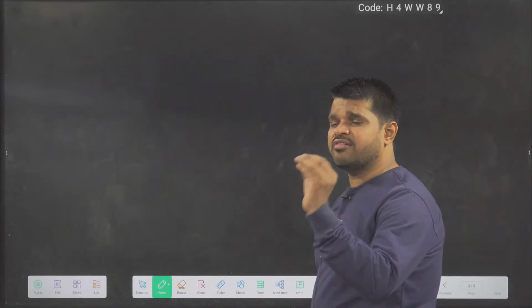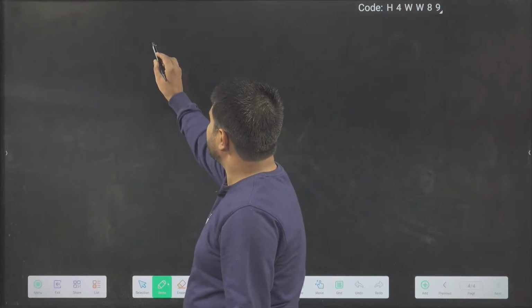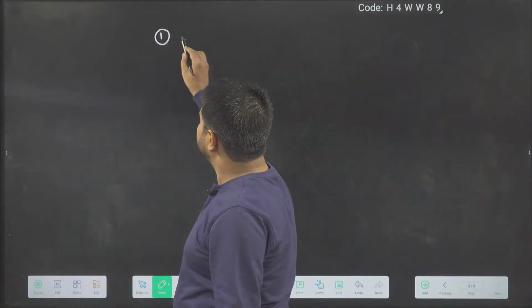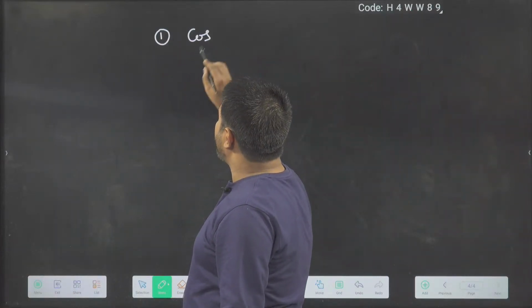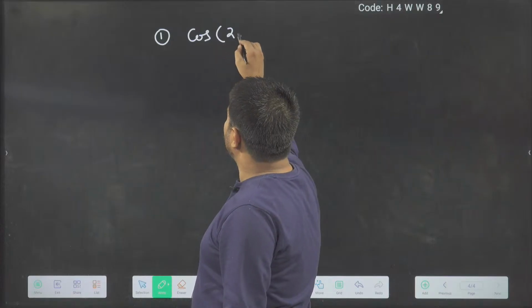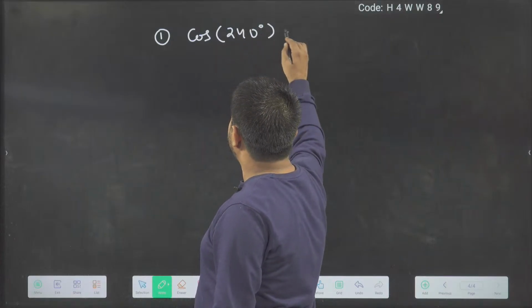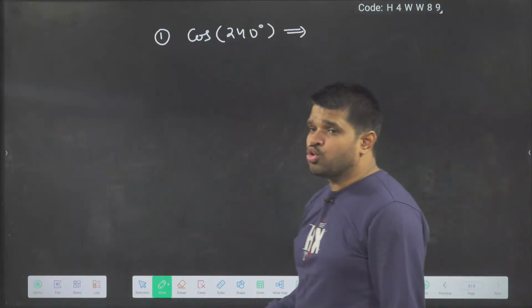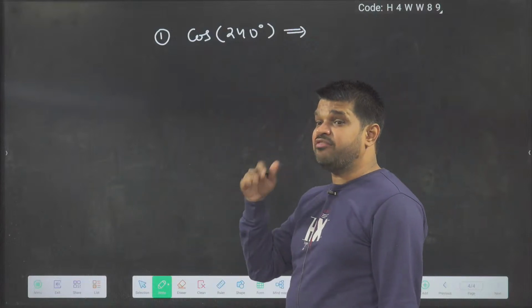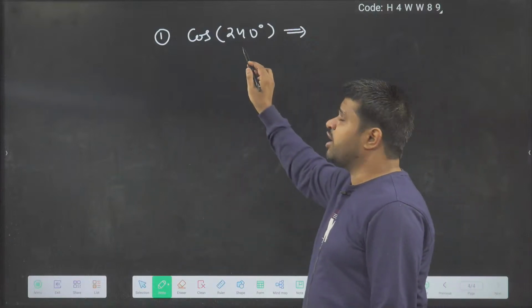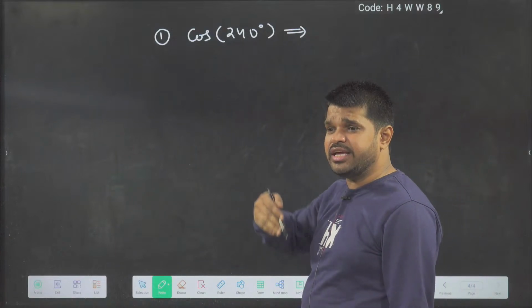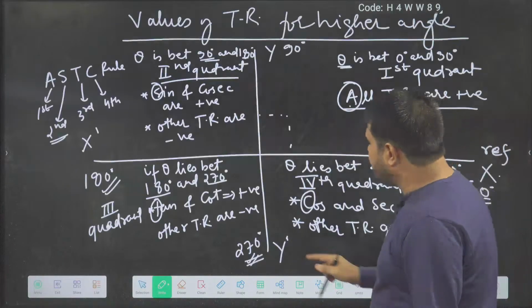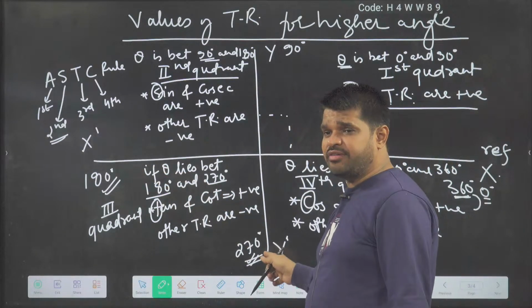So one by one we will discuss. First, cos 240 degrees. Tell me, 240 degrees is between where? 240 is between 180 and 270.